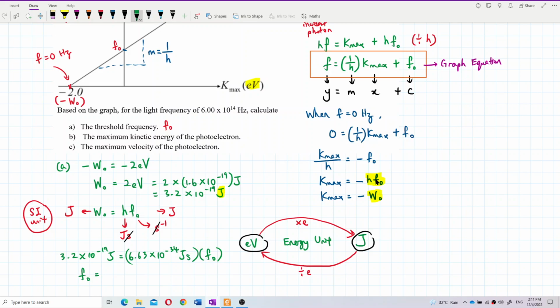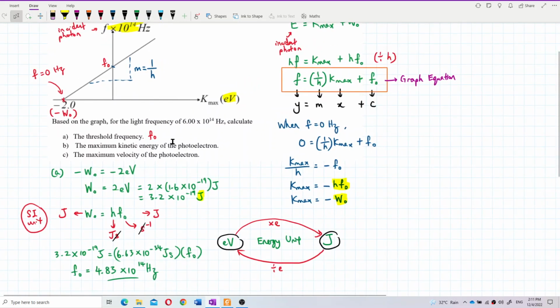So the threshold frequency is 4.83 exponent 14 hertz. I don't have the answer with me, but this is the value, the threshold frequency.